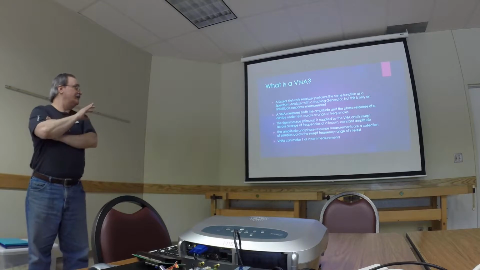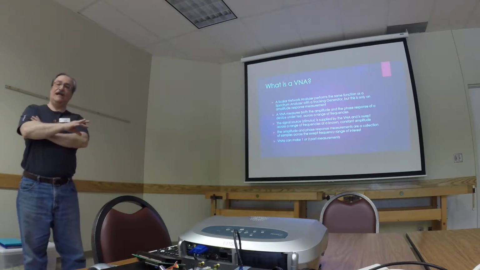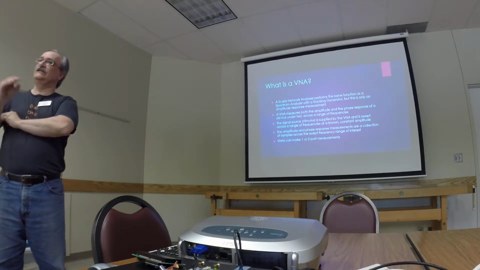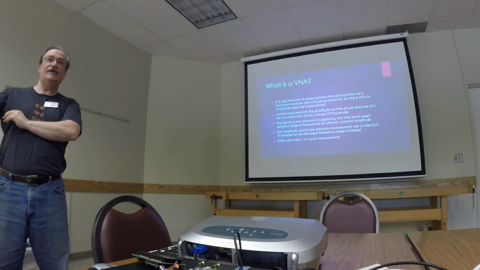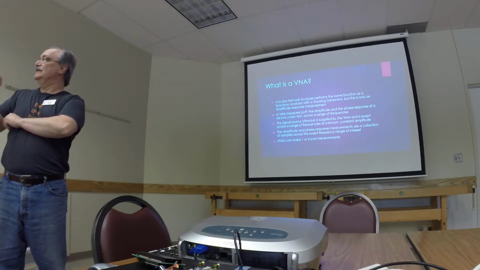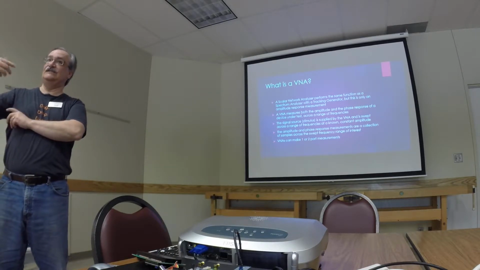A scalar network analyzer, which is the first type, is essentially a signal source and a way to measure a loop back from that signal source, through a device under test of some kind.